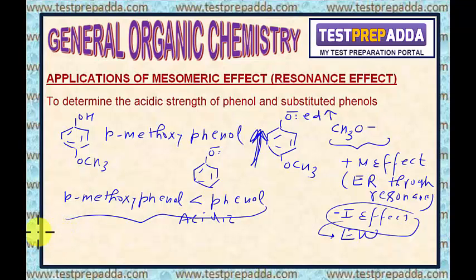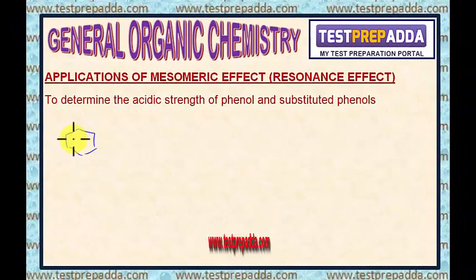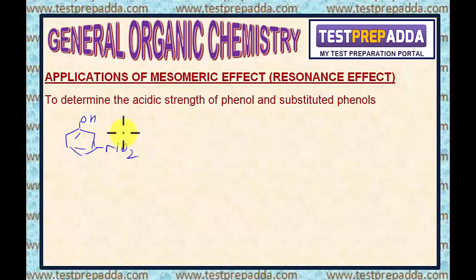Now, if I take another example, meta-nitrophenol. Now, as we know, NO2 is a minus M effect group, meaning electron withdrawing through resonance.